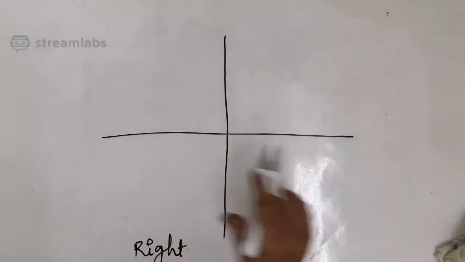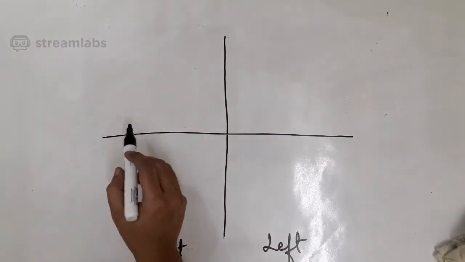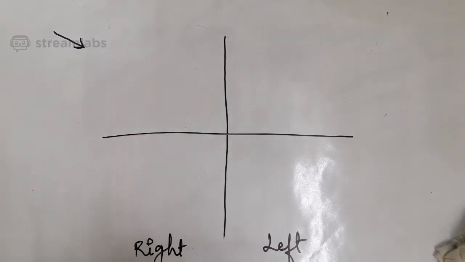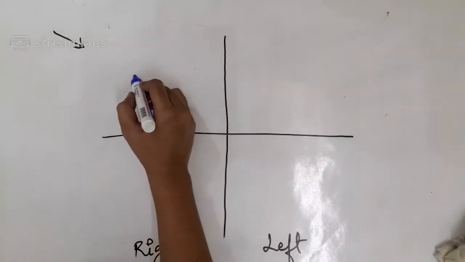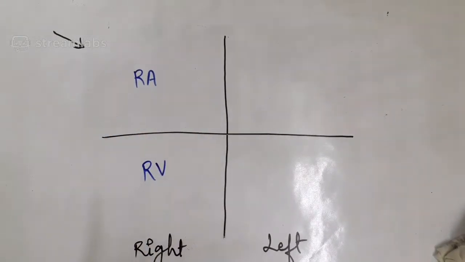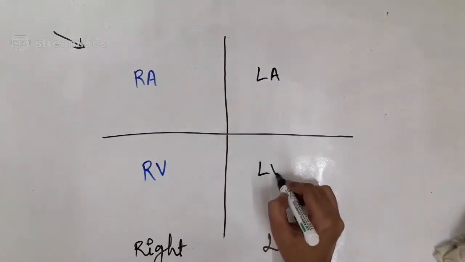This side is the entering of the impure blood from the largest vein known as Vena cava. This is right auricle, this is right ventricle, this is left auricle and this is left ventricle.